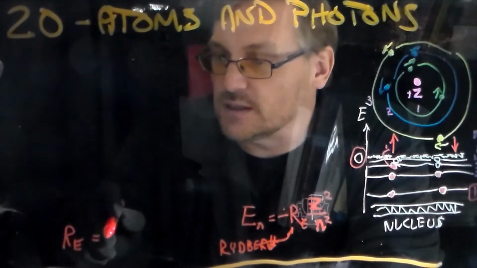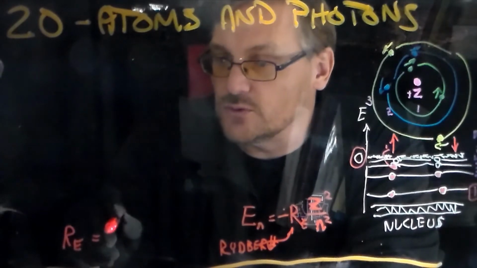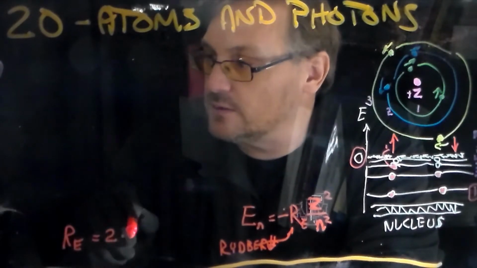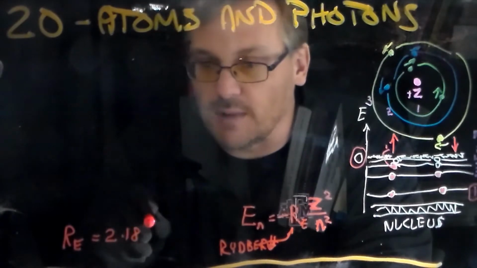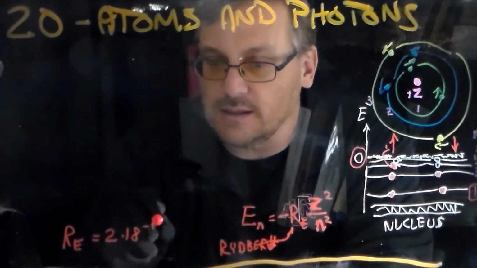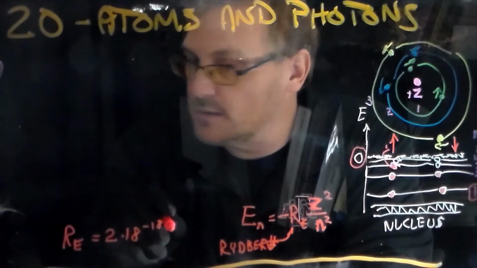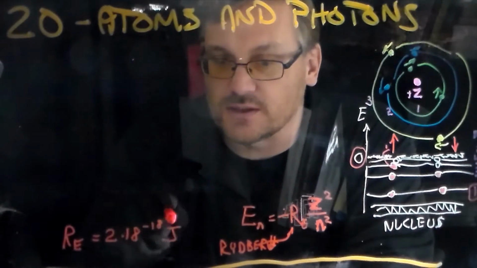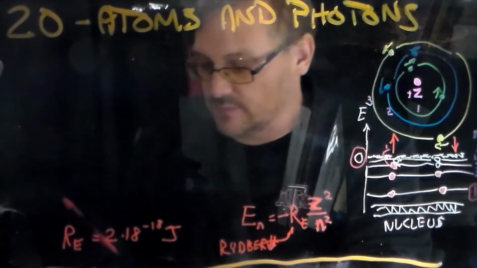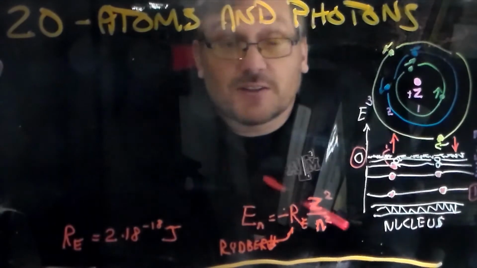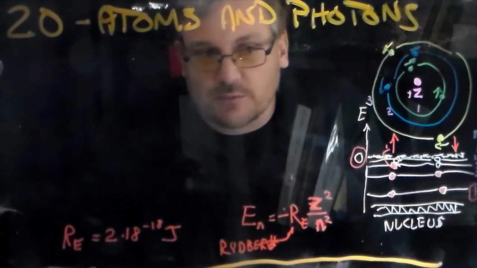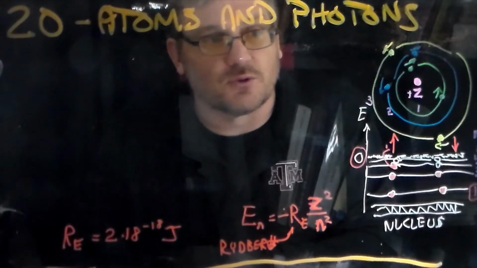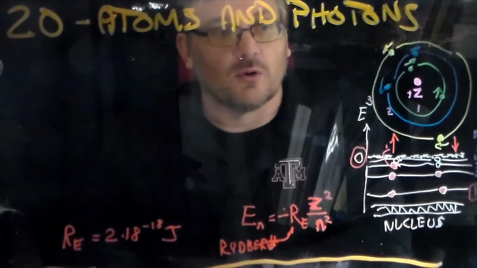It's 13.6 electron volts, but we'll use joules, 2.18 times 10 to the minus 18 joules. Okay, so that's not a lot of energy. You don't expect it to be a lot of energy because it's just one little electron and one little atom, right? So you don't expect all sorts of energies that we have to worry about.